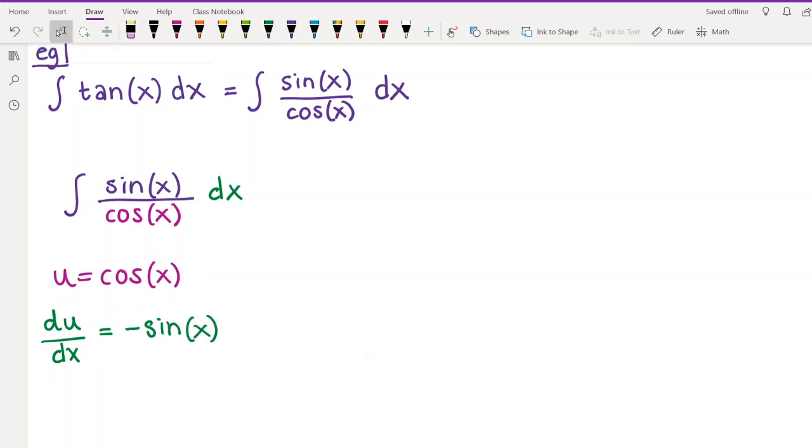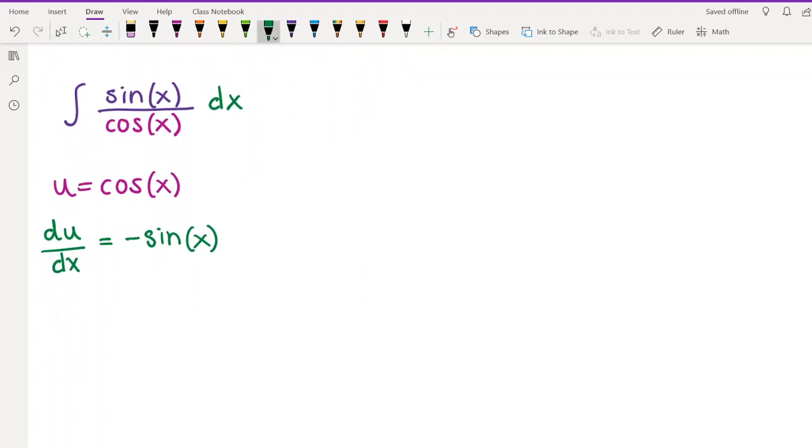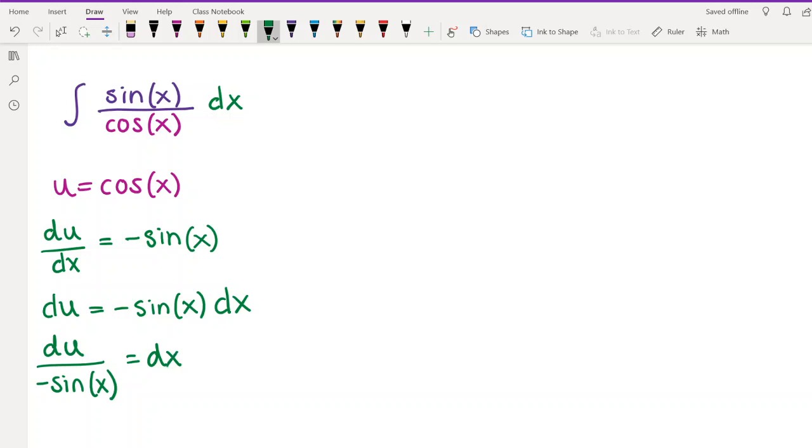If we multiply both sides by dx, we get negative sine of x dx. And if we solve this for dx, we have du over negative sine of x is equal to dx.